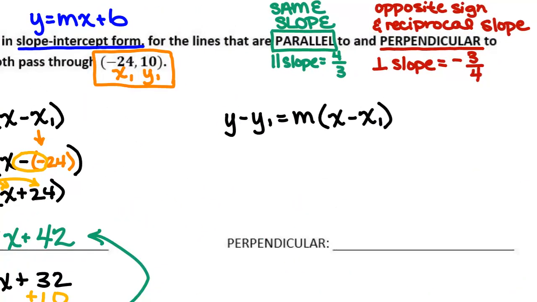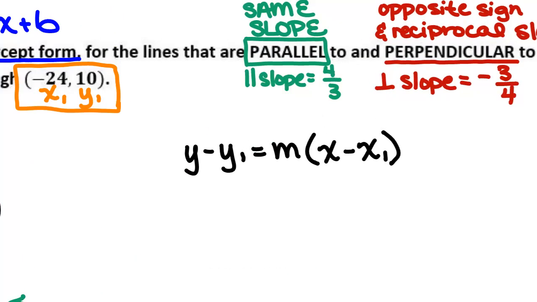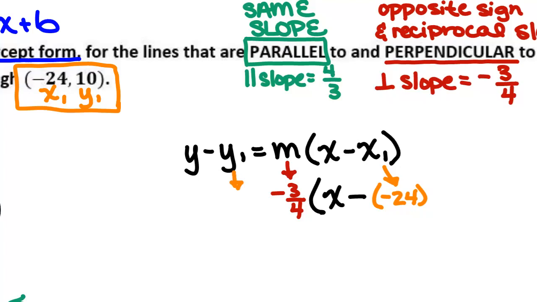Perpendicular is almost the exact same process. The only difference between what we just did and my perpendicular line is what I put in for the slope. What goes in for m here? Yes, negative 3 over 4. But other than that, because we're using the same point, I'm going to put the same things in for x1 and for y1.